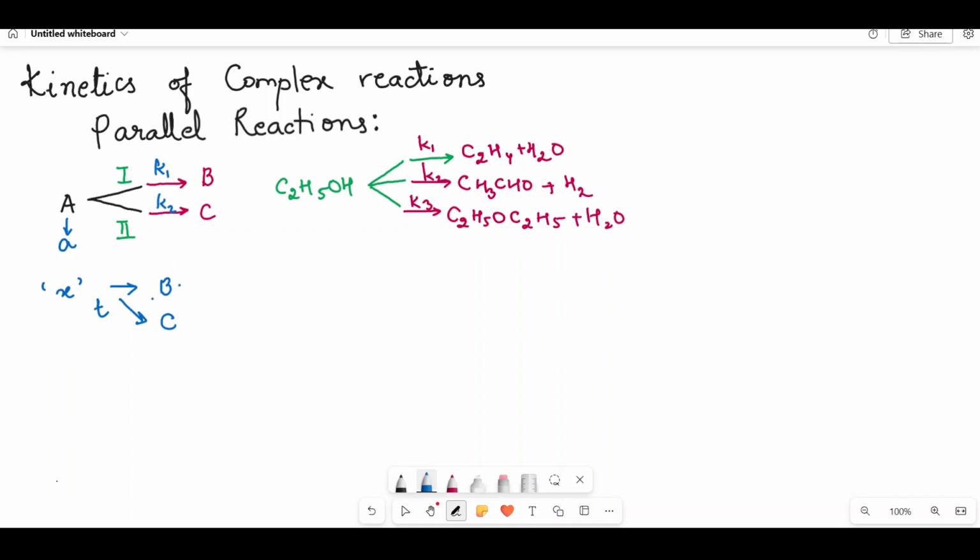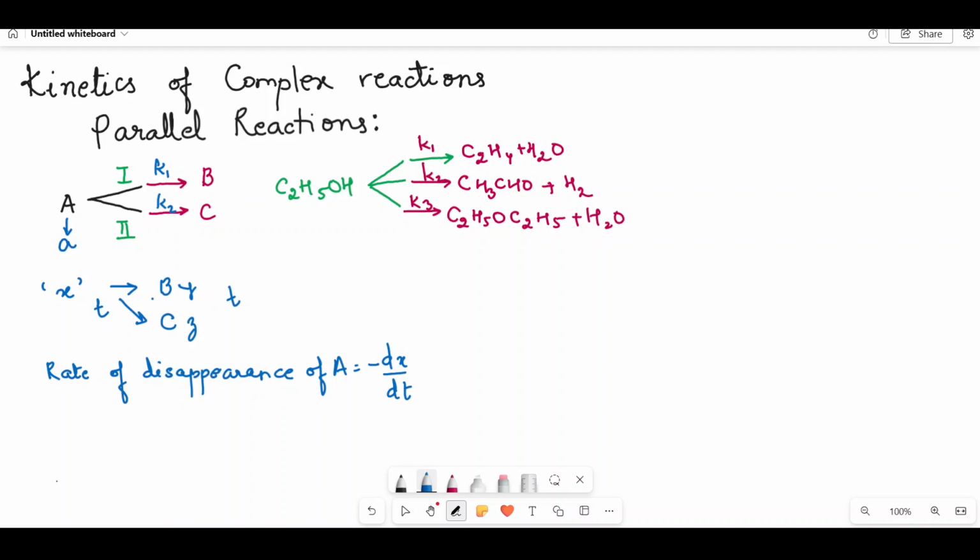So if Y and Z are the amounts of B and C in time t, then rate of disappearance of A is equal to minus dx by dt. This is disappearing and this is forming.